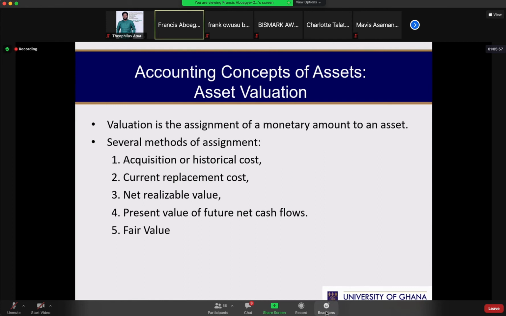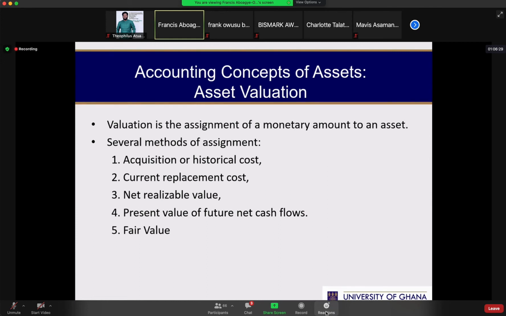Now, assuming the inventory is damaged, and because of that, you cannot sell it at 6 cedis. The 6 cedis is the cost, and you can only sell it at 4 cedis. But when you sell it at 4 cedis, you must pay a commission of say 1,000, or let's say 500. Then what will be the value that it should represent in your books?